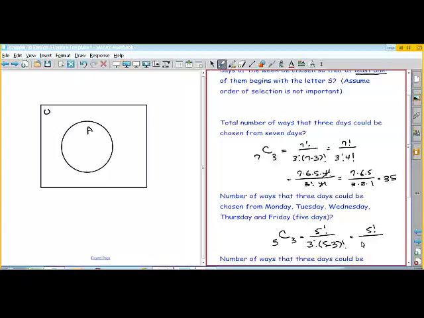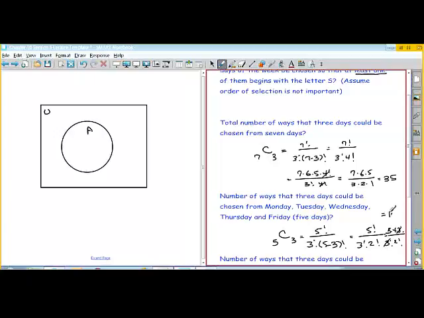And we do the math in the parentheses first. And in this case, I could just go down to 3 factorial. So it'd be 5 times 4 times 3 factorial divided by 3 factorial times 2 factorial. The 3 factorials cancel out.